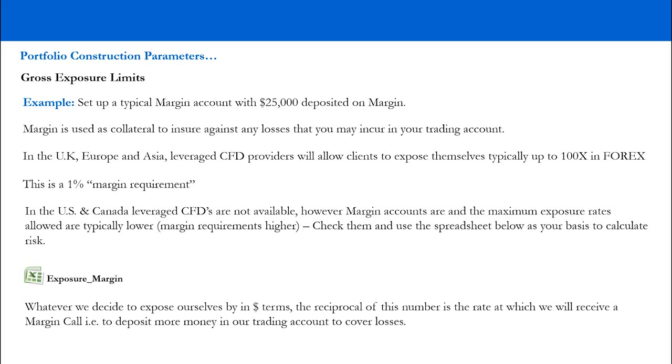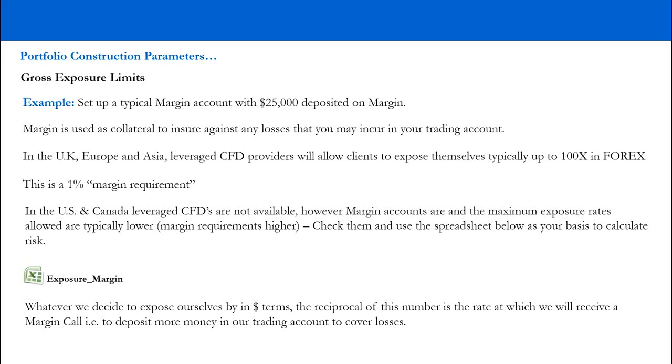First thing we're going to look at is gross exposure limits. And we've touched on this previously in the video series a few times. We're going to go back to setting up, as we've mentioned previously, a margin account with $25,000 deposited on margin.